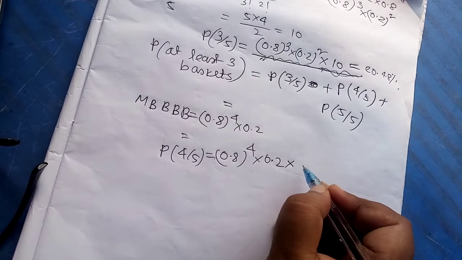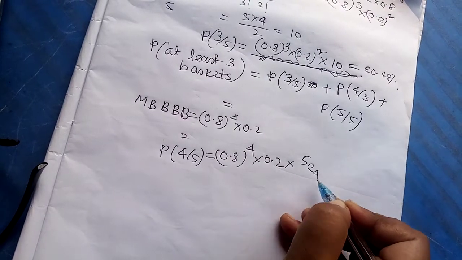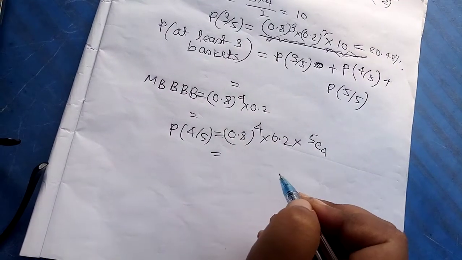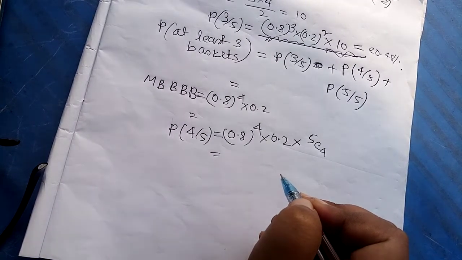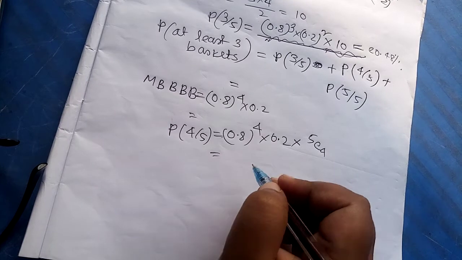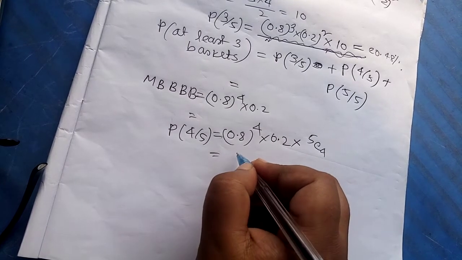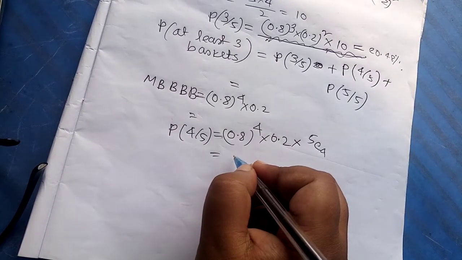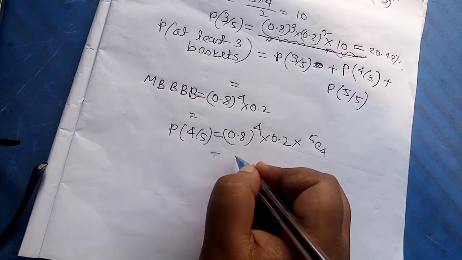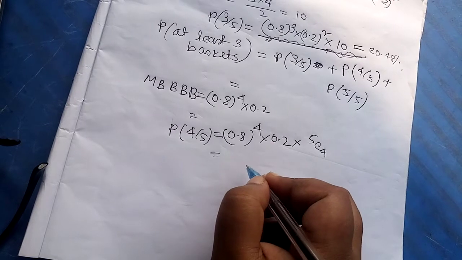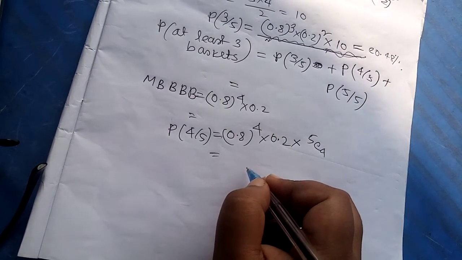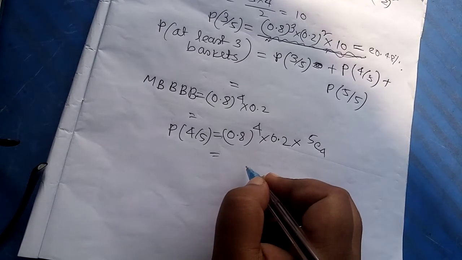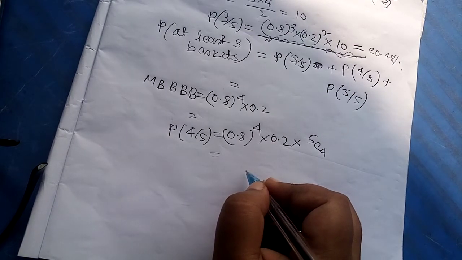So let's just figure this out. It's going to be 0.8 times 0.8 times 0.8 is 0.512, times 0.8, did I do that right? Yeah, that's right, times 0.2 times 5.